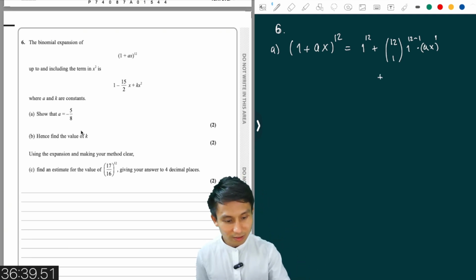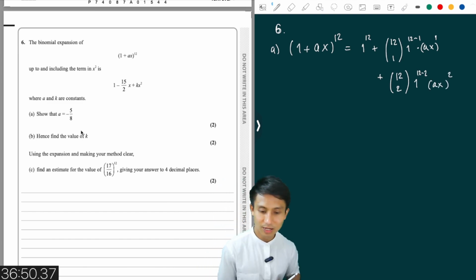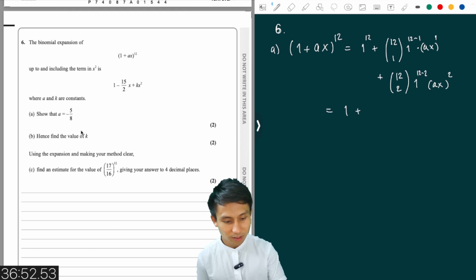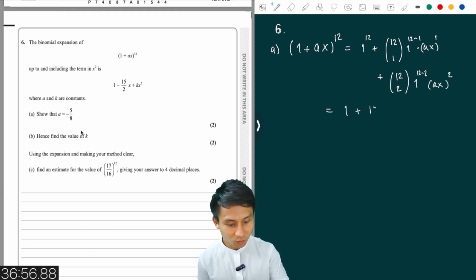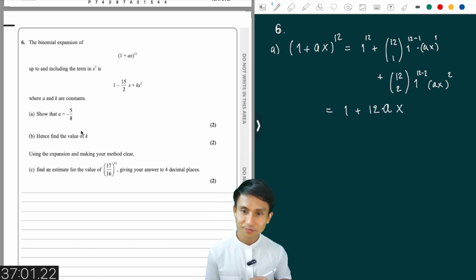So if we expand to the third term, it's going to be 12c2, and 1 to the power of 12 minus 2, and then ax to the power of 2. So this is 1 plus 12c1, which is 12. 1 to the power of anything is 1. So that's 12 times ax, so 12a times x.